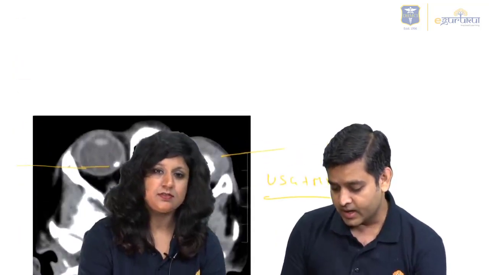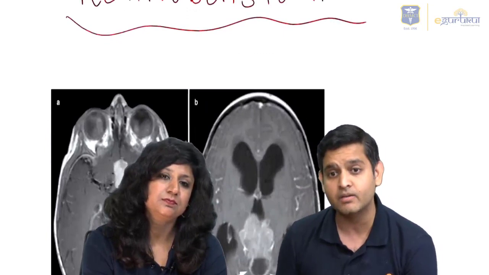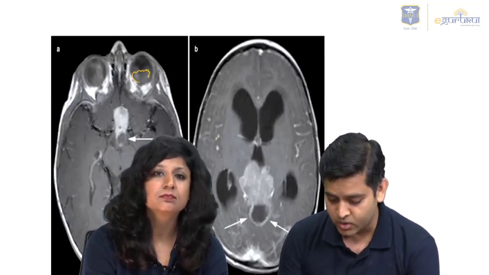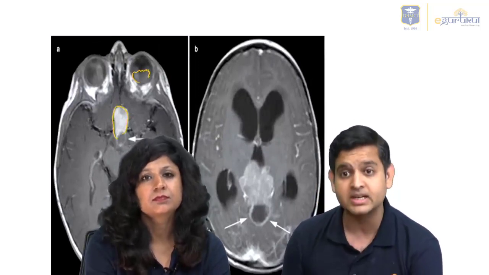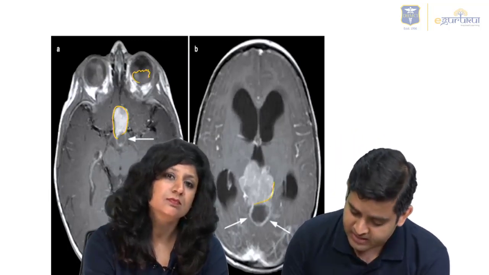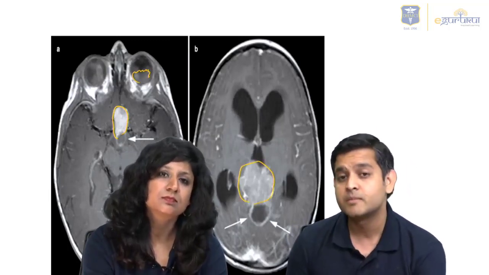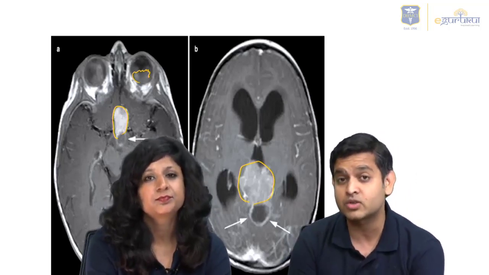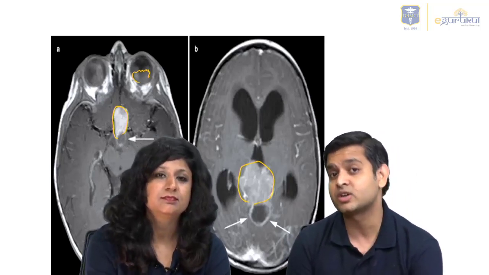Okay. Now here I would like you to see one more image. You can see the mass in the ocular globe. Along with that, you can see a mass in the suprasellar cistern as well as a mass in the region of the pineal gland. That's the classical appearance of what is called a trilateral retinoblastoma.